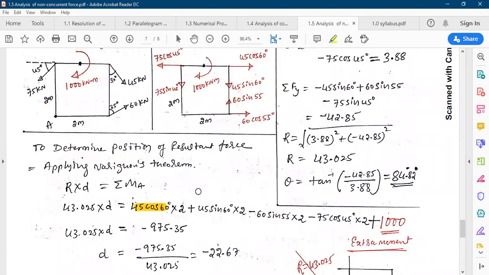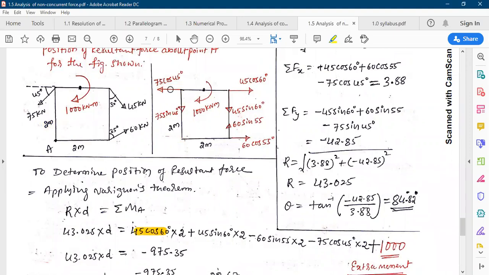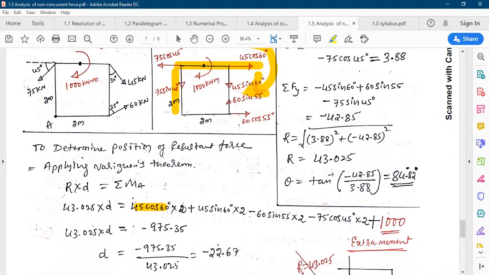45 cos 60, where is the 45 cos 60? This is the force with line of action along the x axis. The distance from the moment center to the line of action of this force is 2 meter. So 45 cos 60 will create clockwise moment: 45 cos 60 multiplied by 2. This is the clockwise moment due to this component.